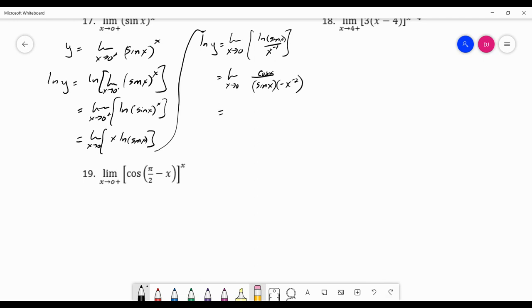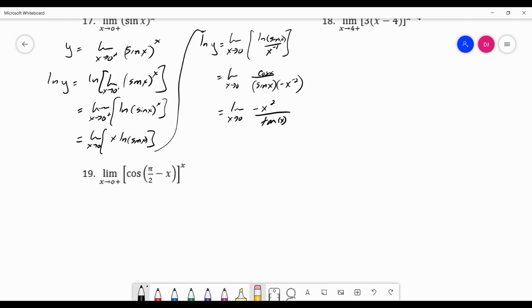So this is the limit as x approaches 0 of negative x squared on top, and then that's cosine over sine, which is actually cotangent, or that's going to be tangent in the denominator.